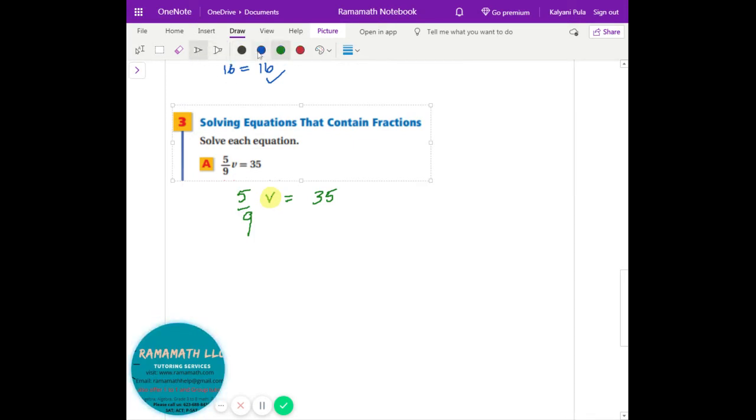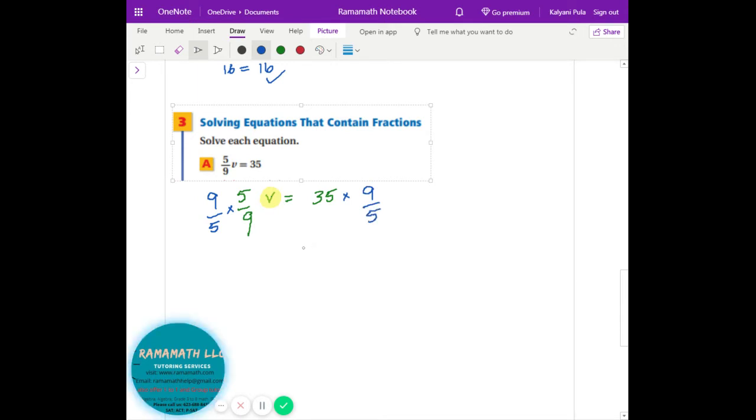Since it is a fraction, I can multiply by its inverse. It's 5 over 9, so its inverse is 9 over 5. If I multiply one side, obviously I have to multiply the other side too.